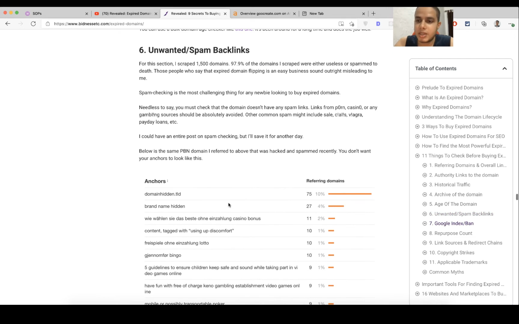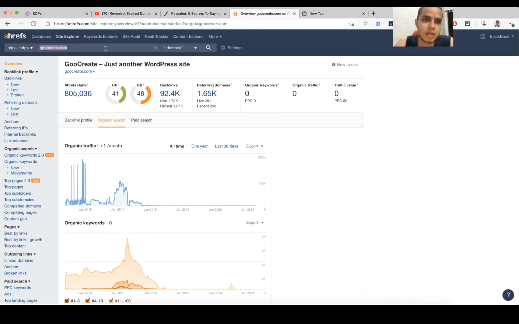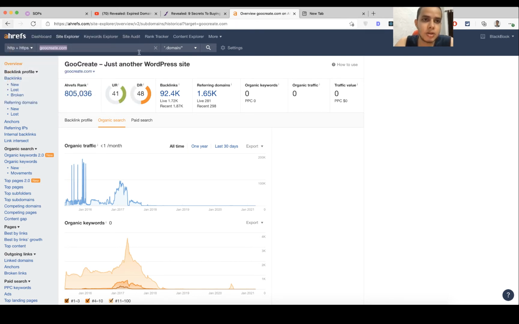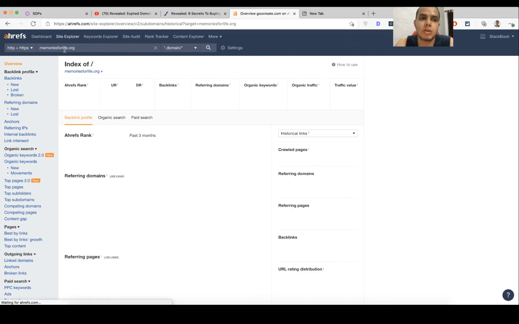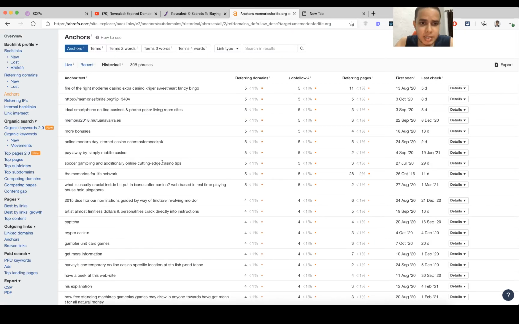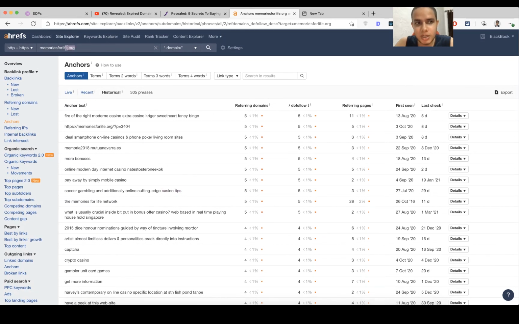The third thing that we check is unwanted spam links. Unwanted spam links can be identified by checking the anchors. So if we check the anchors of this domain, let's say I go here, I see things like casino tips or something, and this domain didn't used to be anything related to casino tips.